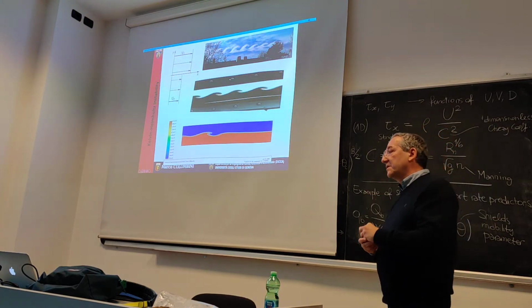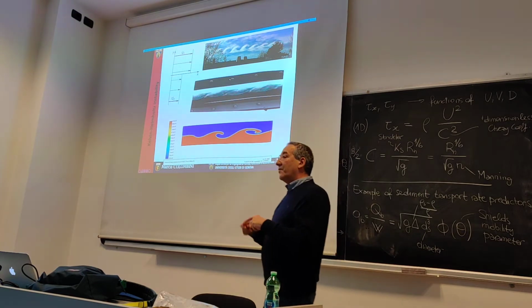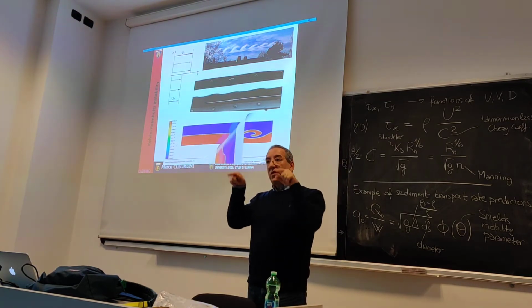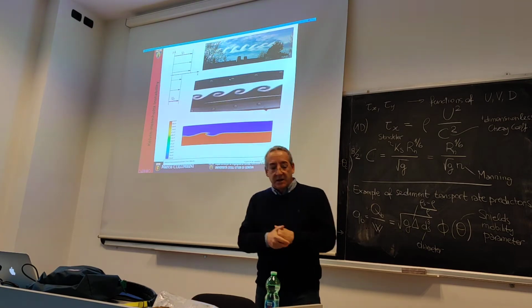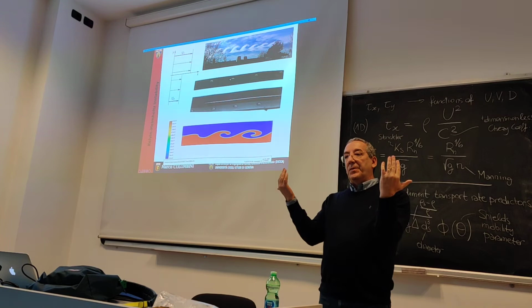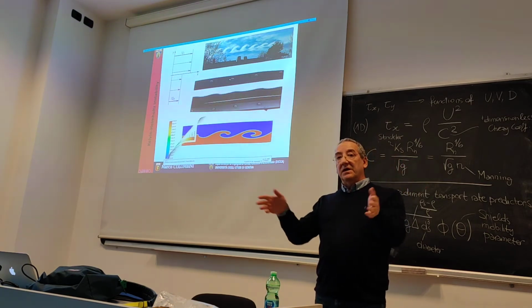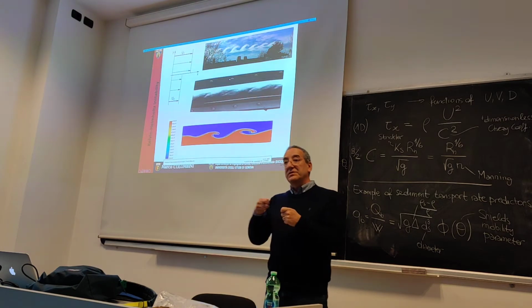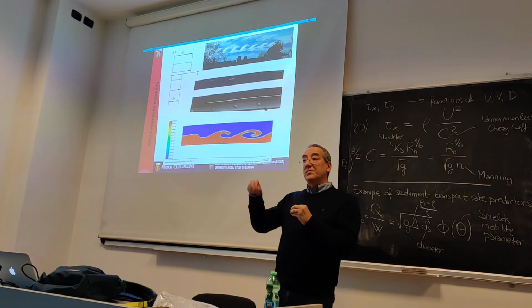There are patterns related to secondary flow in rivers. So the flow, let's say the kind of current that develops in a section of the river, requires a very refined model of turbulence.